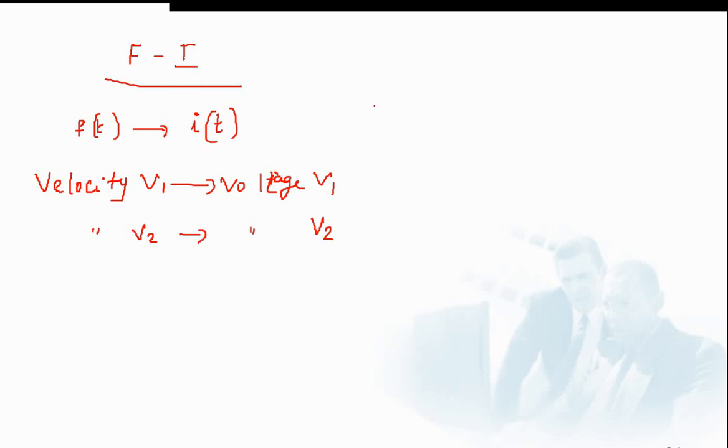Now the other parameters: corresponding to mass M1, there will be a capacitor, and for M2, there will be another capacitor. Corresponding to B1, there will be a resistor, but the constant is the reciprocal of the resistor, 1 by R1, and for B2 the constant is 1 by R2.